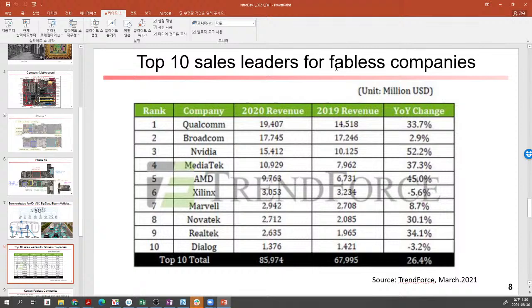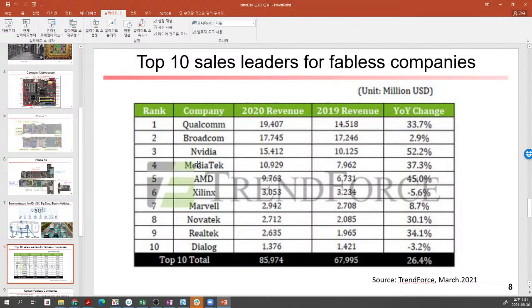Qualcomm is a fabless company, number one, with the largest sales revenue. The second is Broadcom, and the third is Nvidia. You know that Nvidia deals with graphics processors, right? Then MediaTek, AMD, Xilinx, Marvell, Novatek, Realtek, and Dialog, up to the top 10 sales leaders.